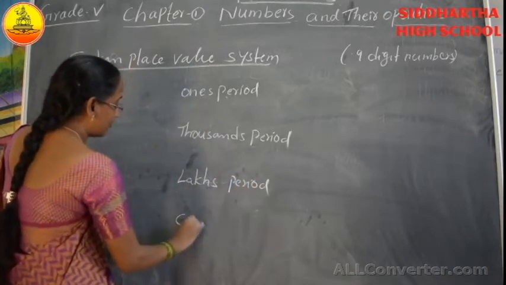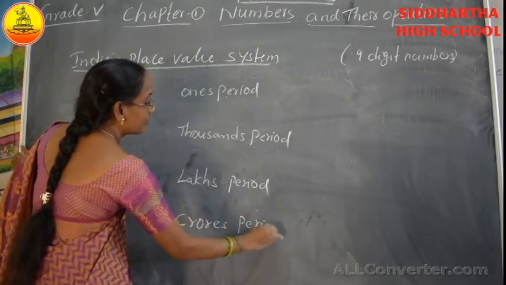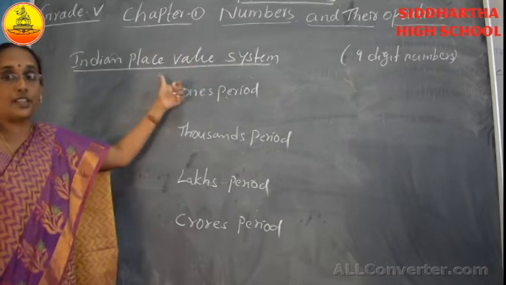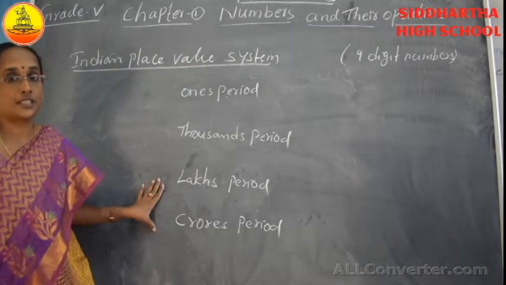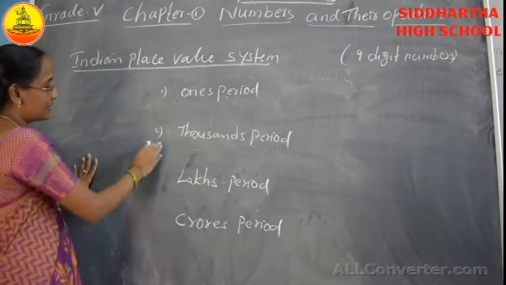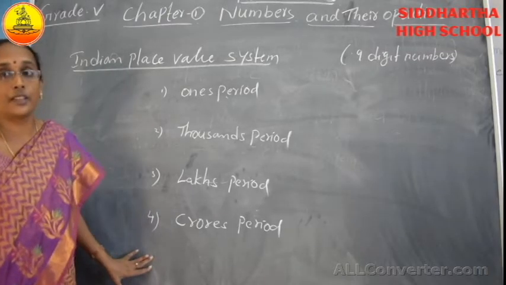And next one, crores period. Okay, children. A 9-digit number in the Indian place value system is divided into 4 periods: ones period, thousands period, lakhs period, and crores period.